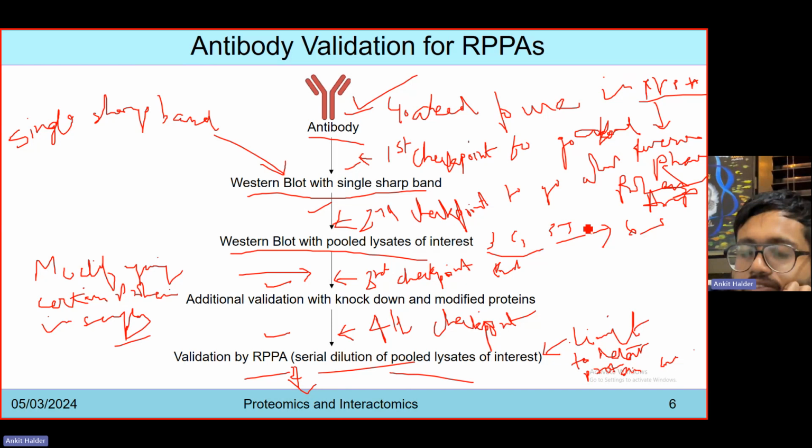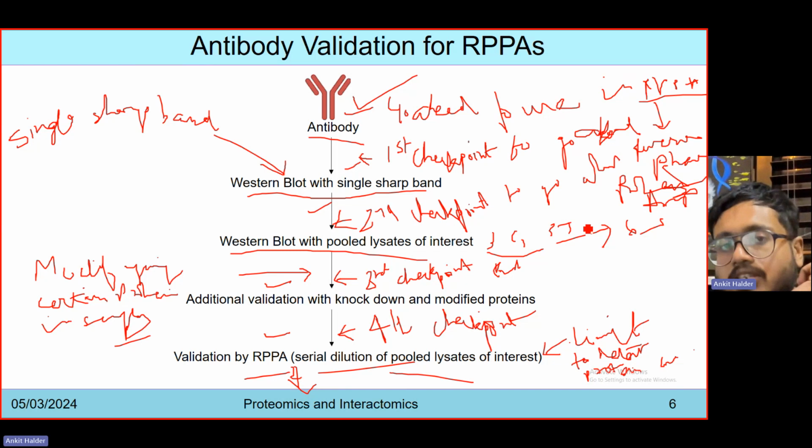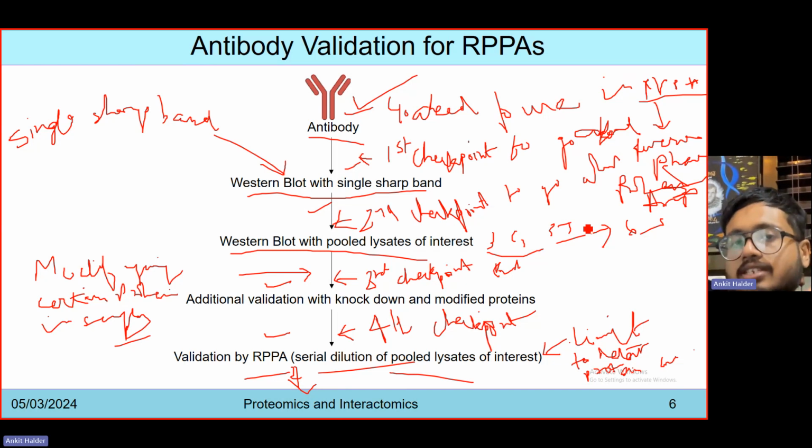So one, we have looked at the sample preparation, which relies on the kind of sample lysis buffer, where what we want is maximal efficiency in extracting out the proteins and minimal interference with the signal.